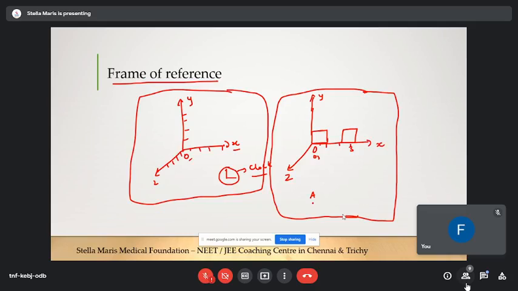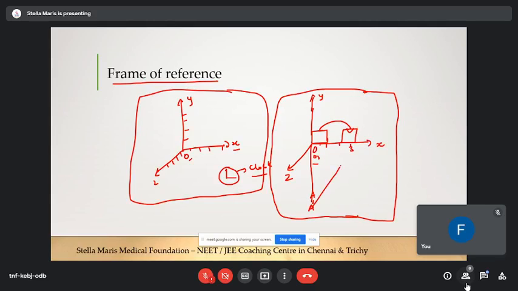So the frame of reference is nothing but the observer. For example, when we are witnessing a car, let's say this is a car, and we are observing it, its position changes with time, that is, it is in motion. So it goes from here to here and here to here.